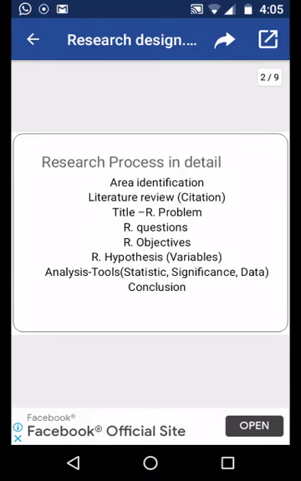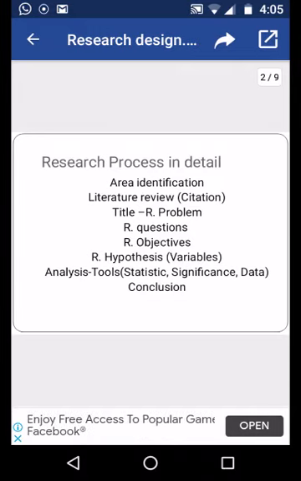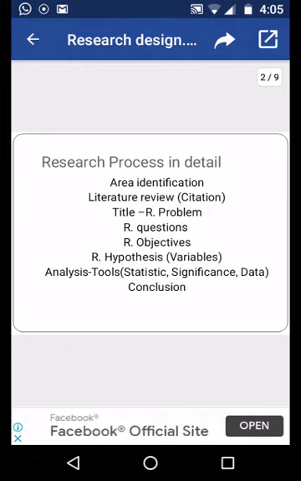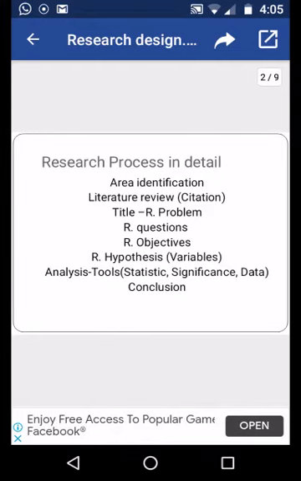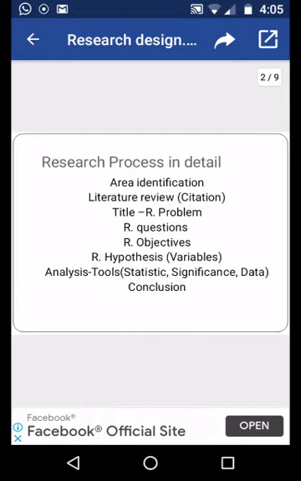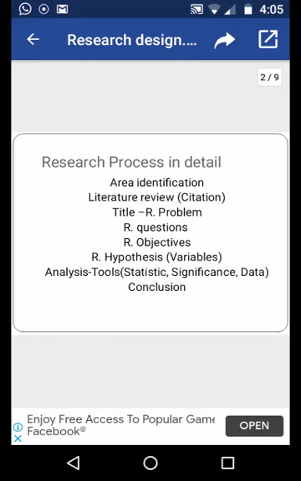Now you frame a hypothesis, and the hypothesis is also linked to objectives. So there is an area, then you do a review of literature on that, you have a problem, then that is the title, you form questions for that, from questions objectives, from objectives hypotheses, and then it is analysis tools.